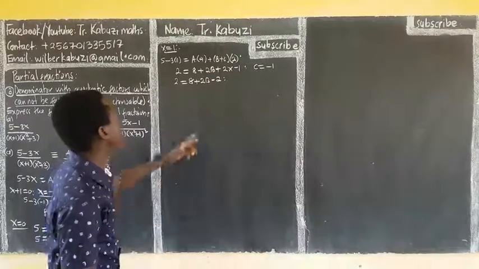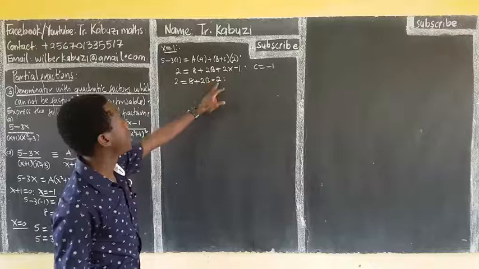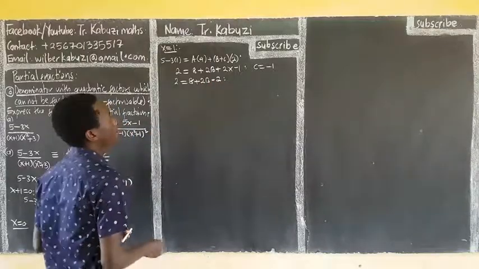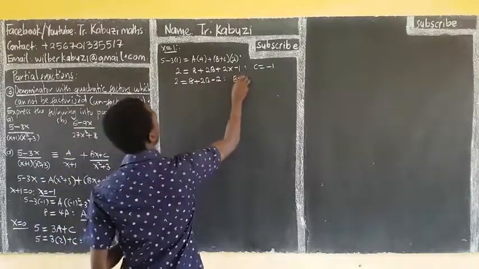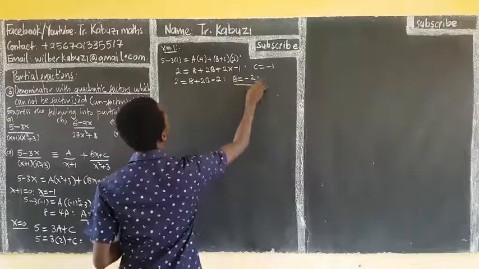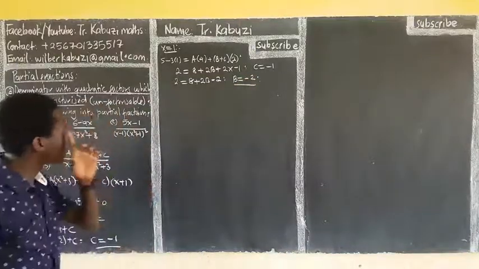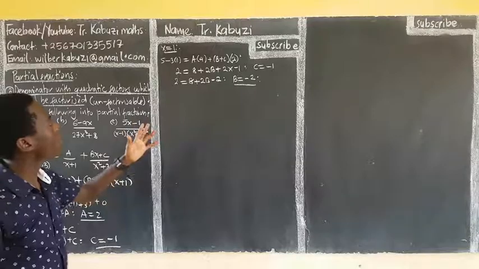So you see, this is going to give me a 6. When I take this side, I have negative 4. And so my b would be negative 2. If I simplify in that state, as simple as that.